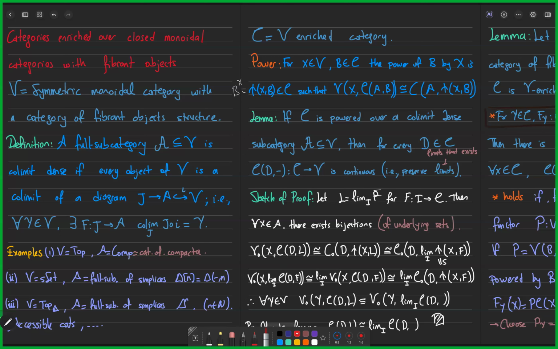So for any X in A, we have a sequence of bijections. This is due to the isomorphism of the powering. And powers always preserve limits, so that limit goes outside. And the representable, co-representable functor that goes to Set always preserves limits, so that limit goes outside.